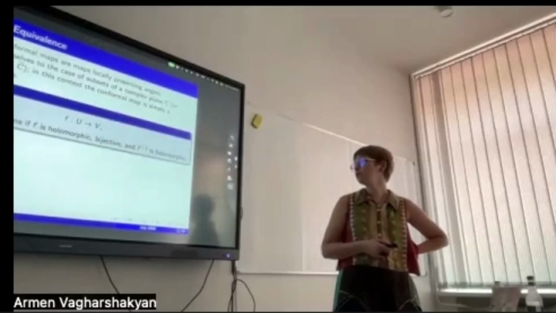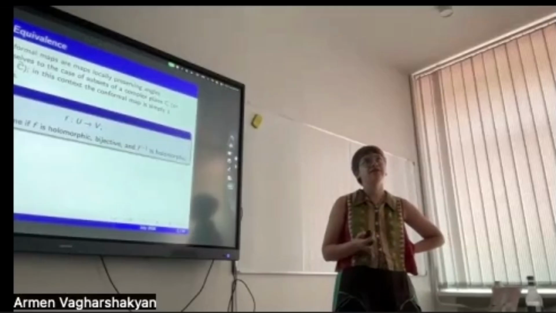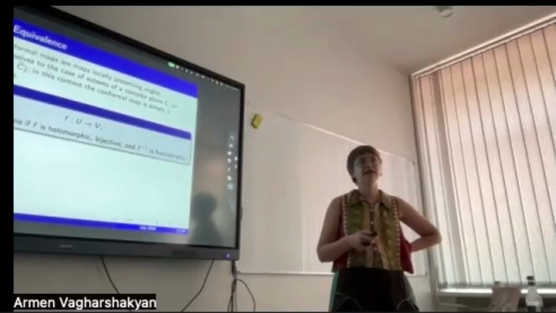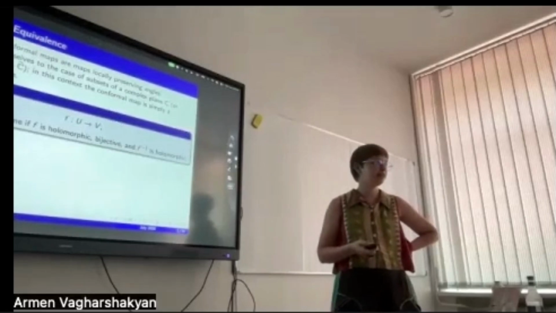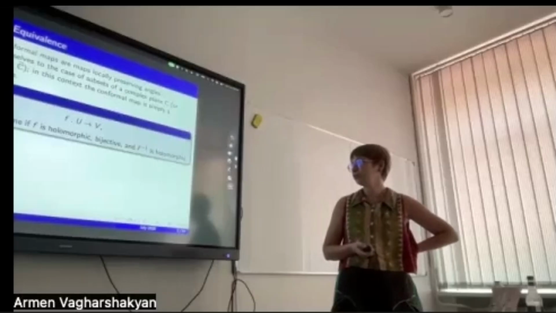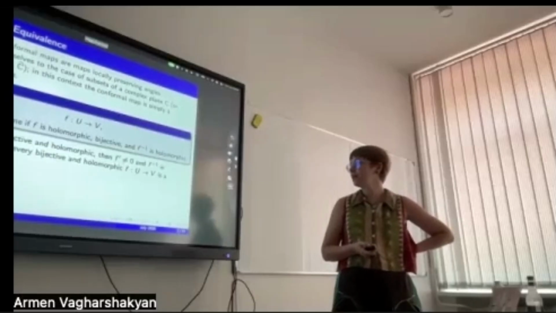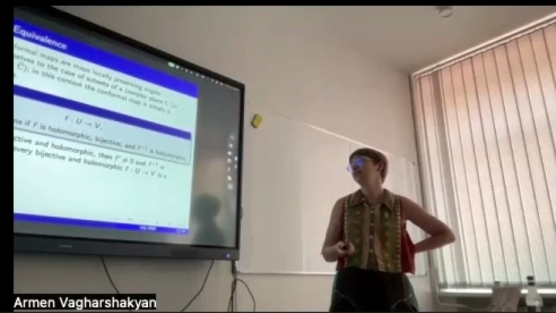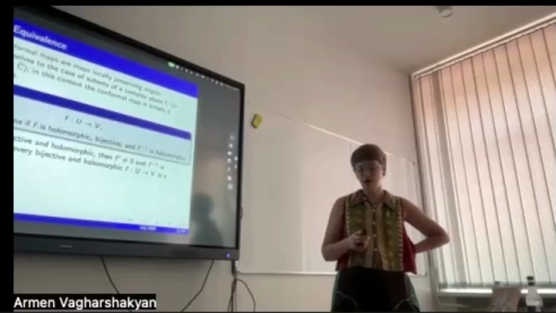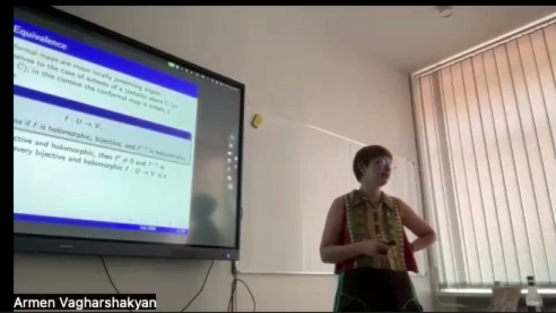Okay, so it's a condition to preserve angles. We can think about it as preserving angles between the x and y axes. There are a lot of ways to think about it. And also we can say that it's exactly the same as saying that our function is bijective, holomorphic, and with non-zero derivative.